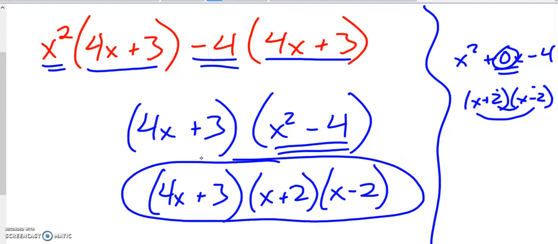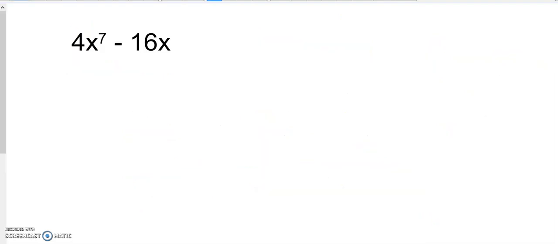Okay. The last example will also have that portion involved with it. Out of these 2, I can divide out a 4x, and then I'm going to be left with x to the 6th minus 4.